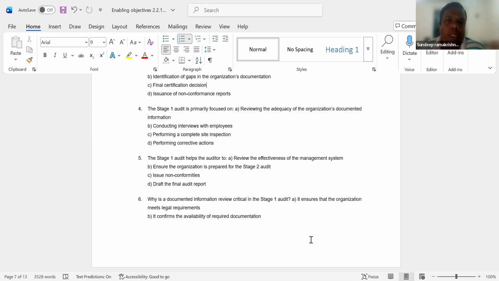Stage 1 can only help you to check whether documented information is sufficient. So in stage 1, there is no review of effectiveness of the management system. Only whether documented information meets all the requirements is checked in stage 1. Is it clear, Harish? Yes. Okay, right.